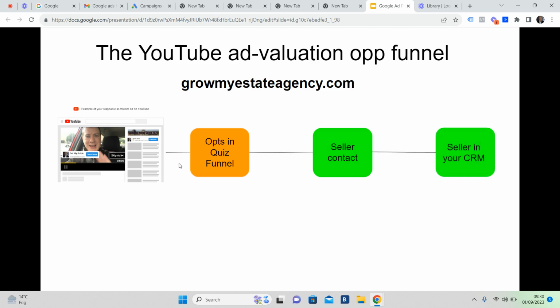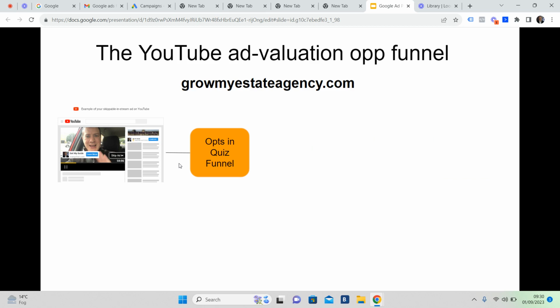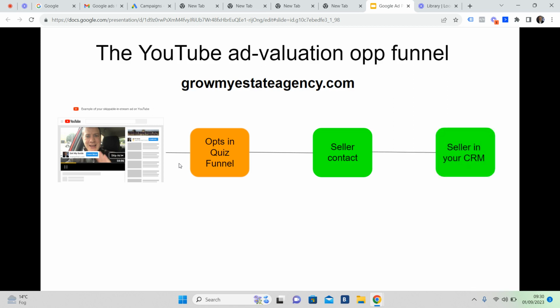Then they opt in, they give us their contact information in return for an idea on what their house is worth. That information goes into your CRM. Similar sort of thing, just a few less steps. If the person skips after 5 seconds and before 29 seconds and doesn't take any other action, we don't pay for it if it's set up right.